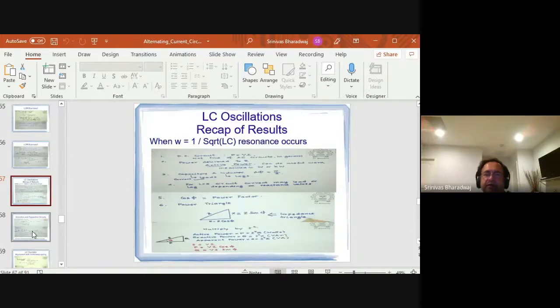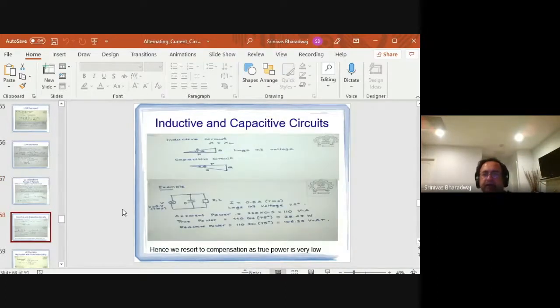LC oscillations. Recap of results: resonance occurs when omega equals 1 over square root of LC. You have inductive or capacitive circuits, net inductive or net capacitive, based on whether XL or XC is bigger. Hence we resort to compensation.